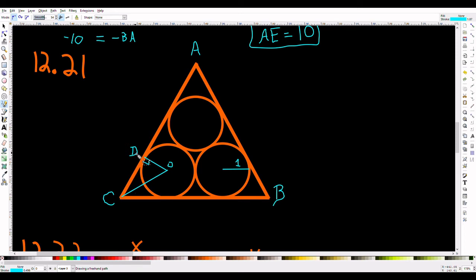And we know that these two lines are equal, CD and let's call it CE. And so we have an angle bisector. What types of little triangle do we have here?